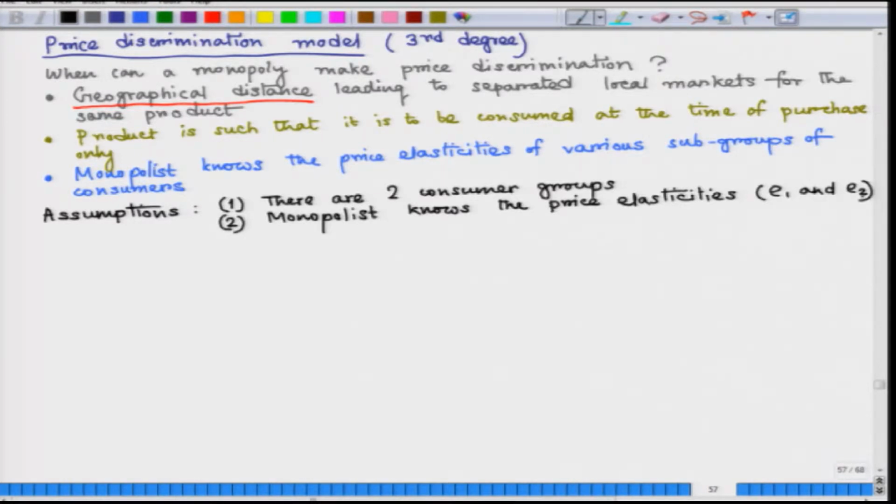Okay. So, now let us formally write down the model.